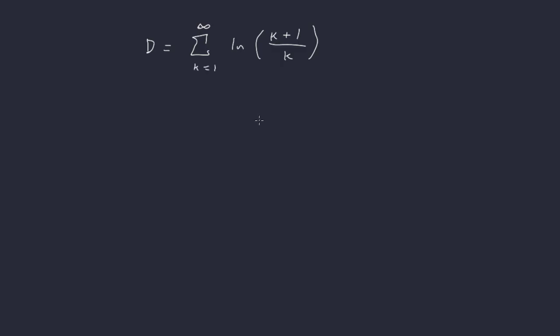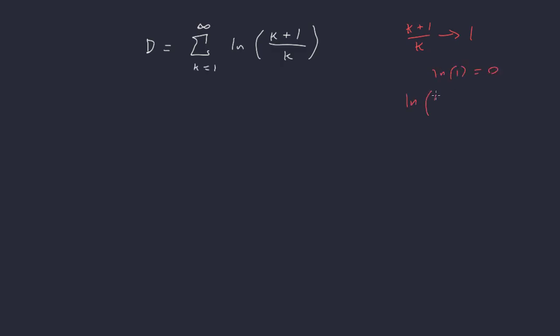Alright, so for this example, we'll say the series D is equal to the series k equals 1 to infinity of the natural log of (k plus 1) all over k. This is also a telescoping series, maybe a little easier to get there than before. Okay, the terms do converge to 0, so (k plus 1) all over k goes to 1, but remember, natural log of 1 is 0.